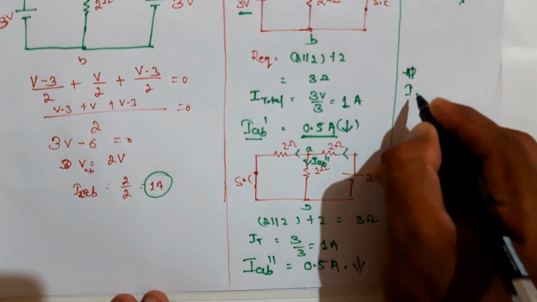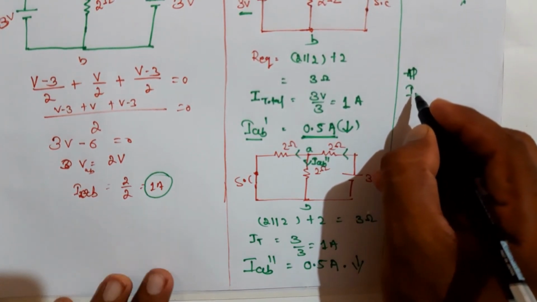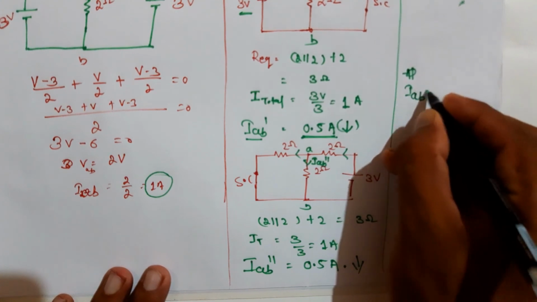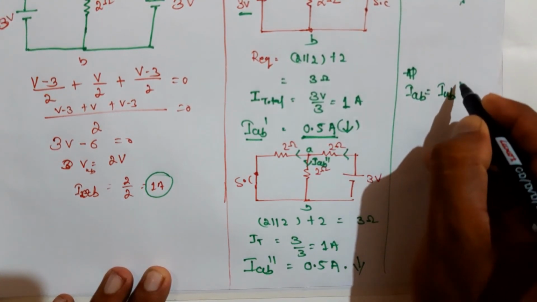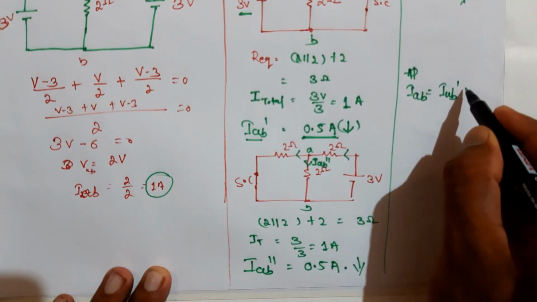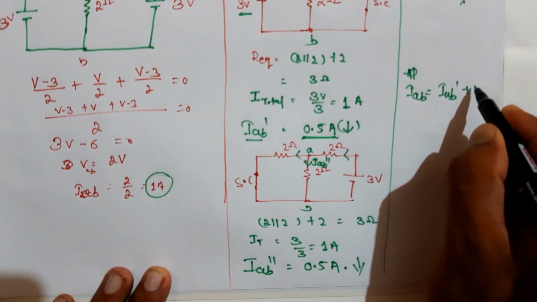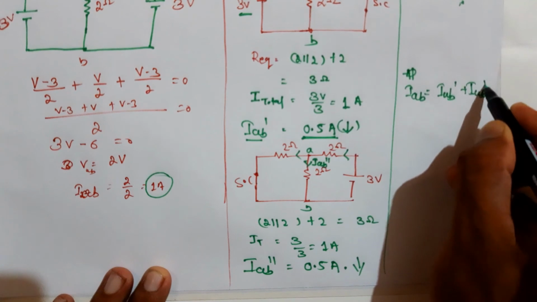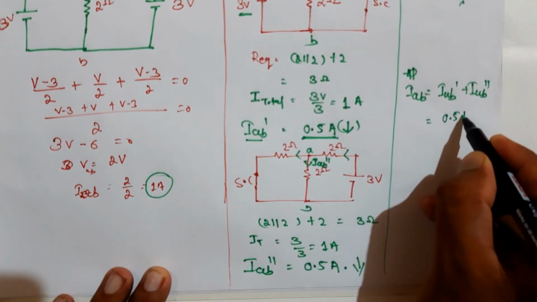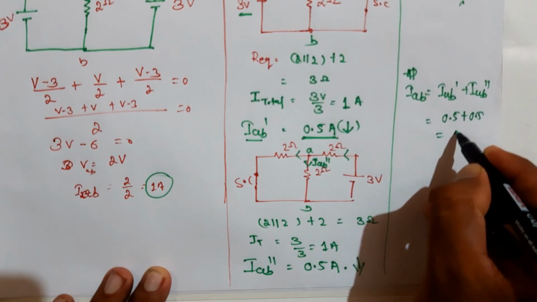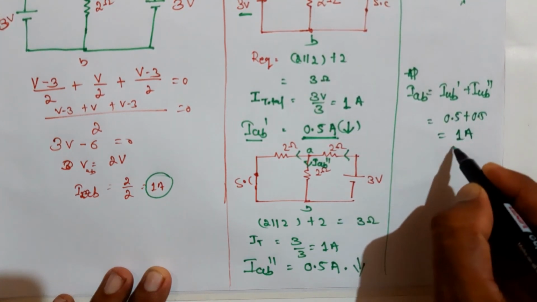then I total IAB is equal to IAB dash plus IAB double dash, okay. Here 0.5 plus 0.5, that is 1 ampere, okay.